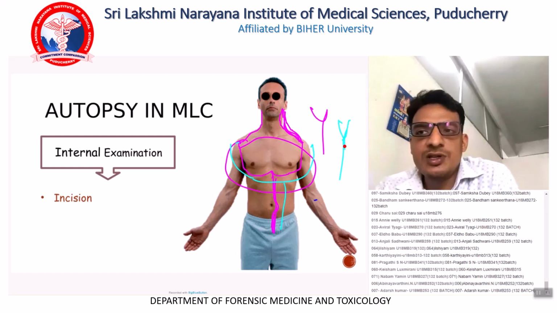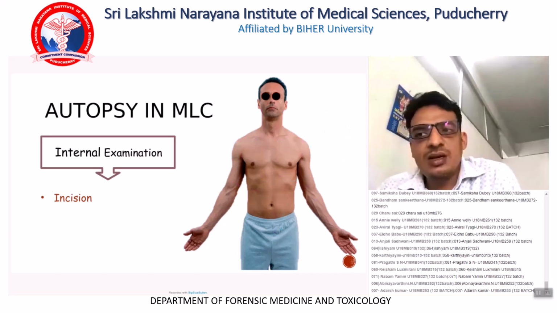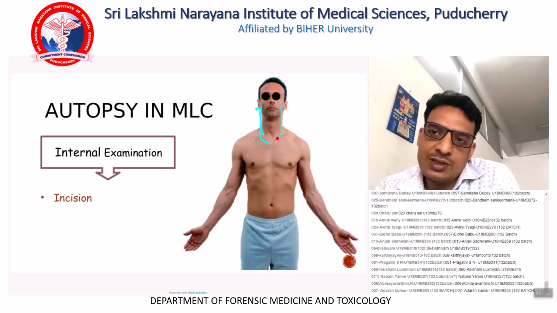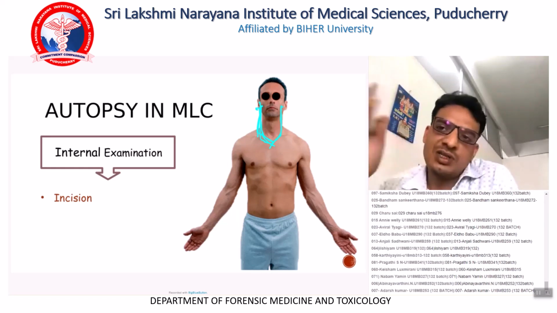Next is the modified Y incision. In this modified Y, the Y is shortened. The incision will come straight, going downwards like this. It has been described differently by different authors. Somebody has described it like, you come straight down from the posterior mastoid tip to the middle of the clavicle and then extend it medially.